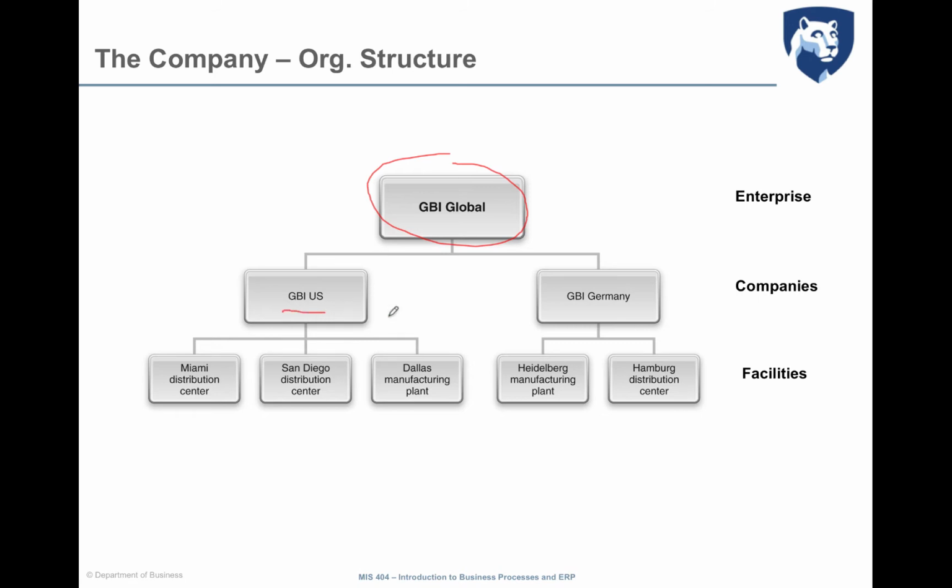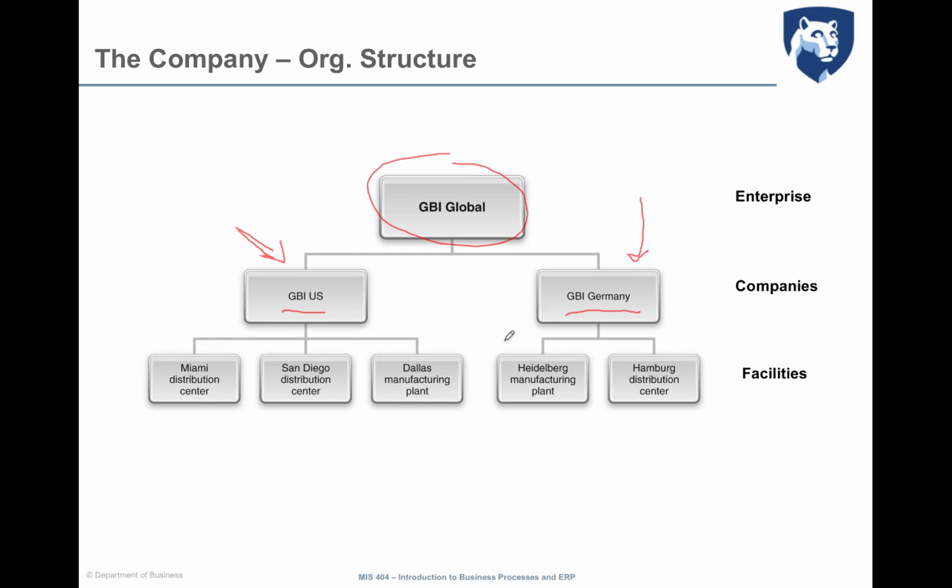So we have GBI US and GBI Germany or GBI Europe. One, of course, is subjected to the US accounting standards, while the GBI in Germany is subjected to the IFRS accounting standard. However, material planning, finance, administration, HR, and IT functions are consolidated at the Dallas headquarters.